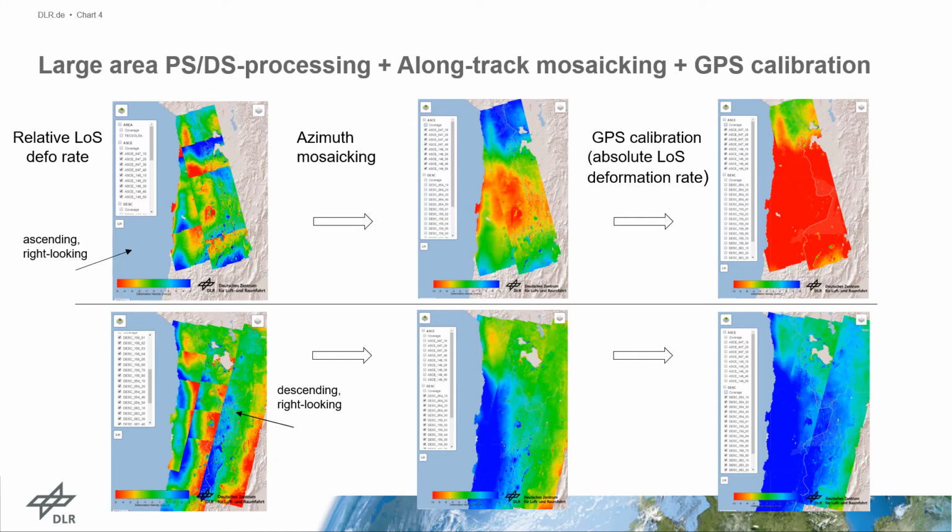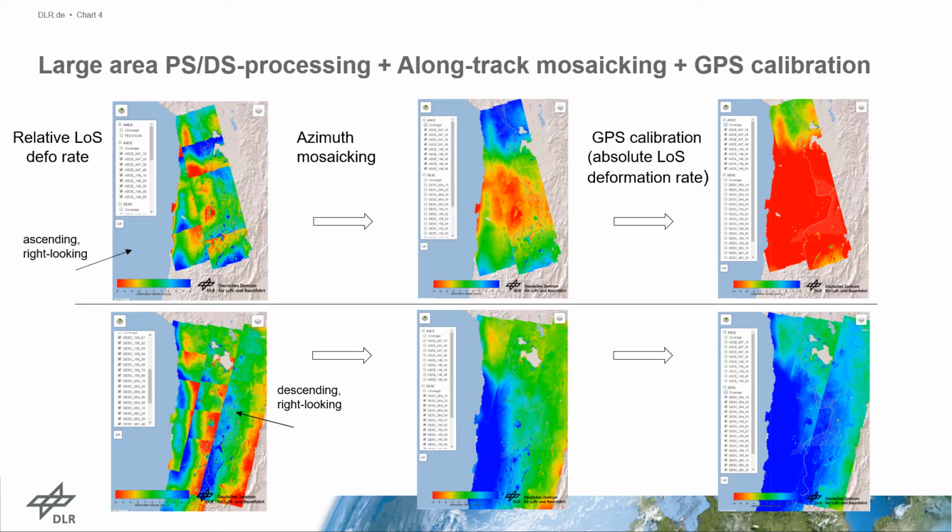This slide is to illustrate in a bit more detail the processing and post-processing steps. You see on the left that we have processed independently a number of slices for both the ascending and descending geometry, and you don't have any consistency in the azimuth direction.